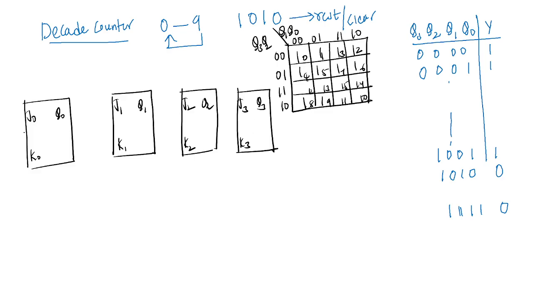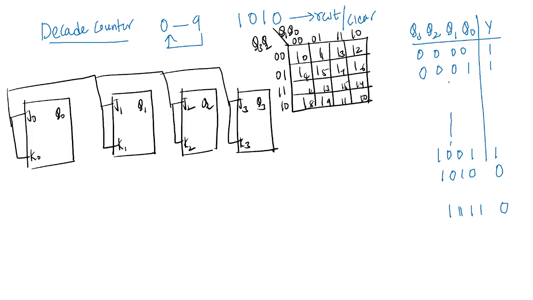These both are connected to which state? Toggle state, no? Toggle state means this is given to logic 1. And I am using negate of clock. Negate of clock means Q0 is acting as the clock for the next flip flop.